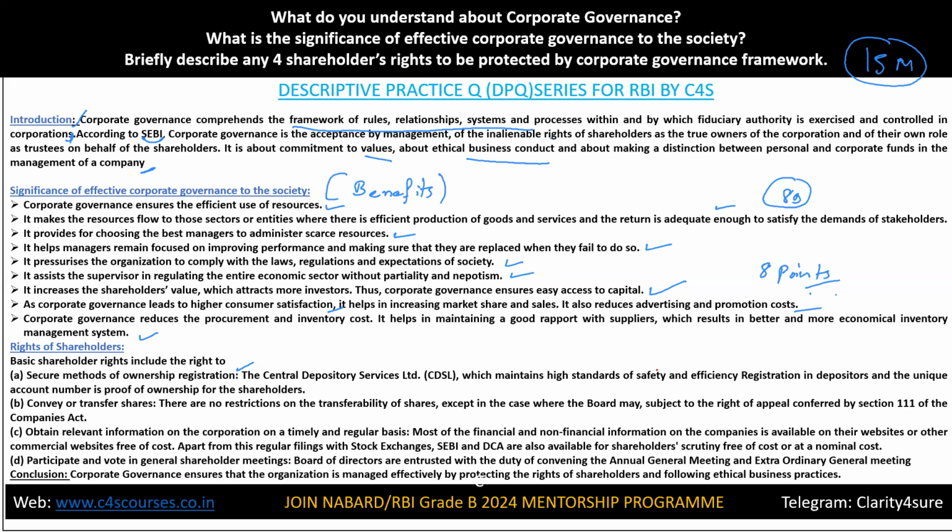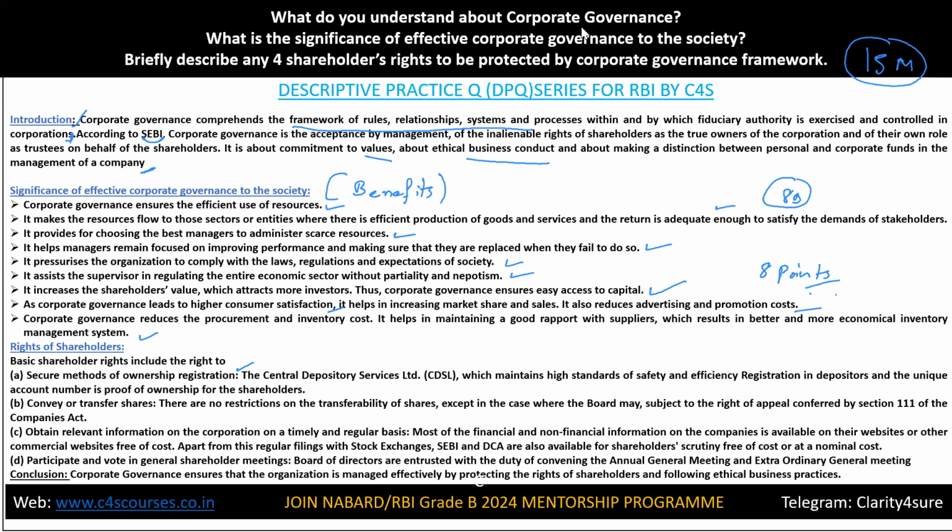In conclusion, because this is not a current affairs question, students, you can give a simple conclusion. Corporate governance ensures that the organization is efficiently managed by protecting the rights of shareholders and following ethical business practices. Because this is a descriptive question and also a static type of question, you don't have to give that much of a conclusion.